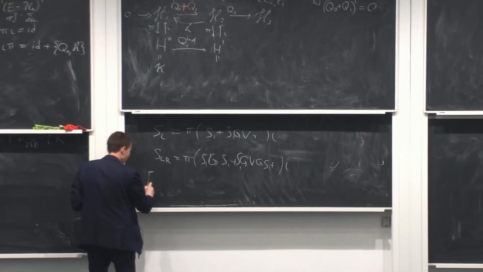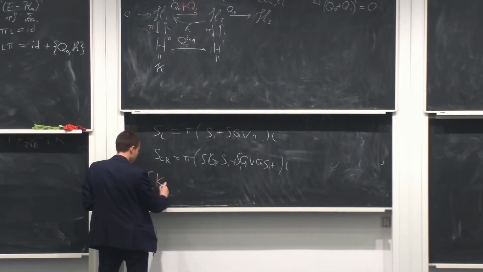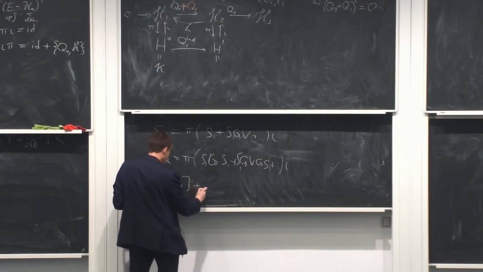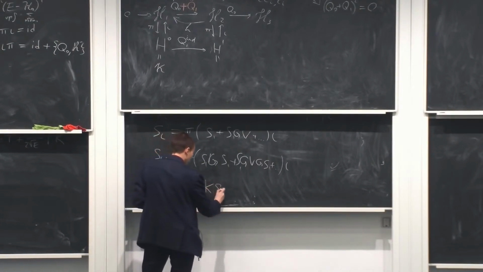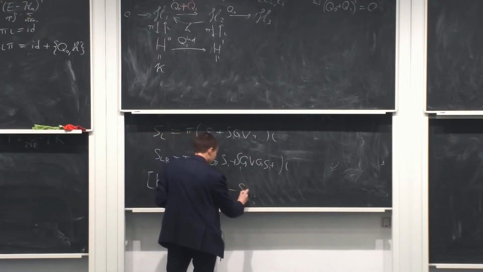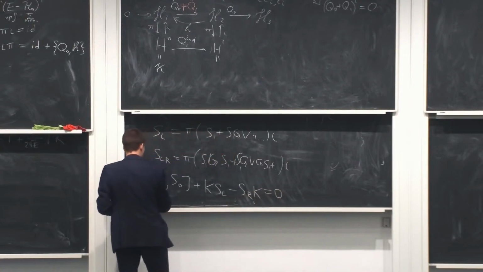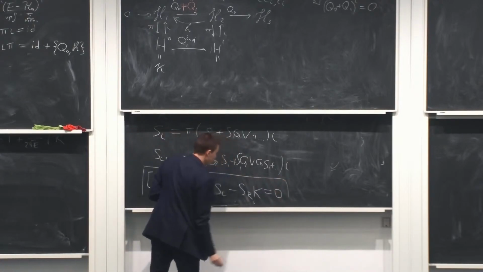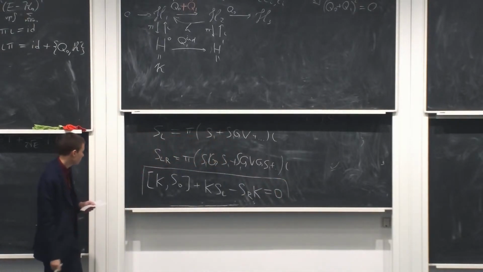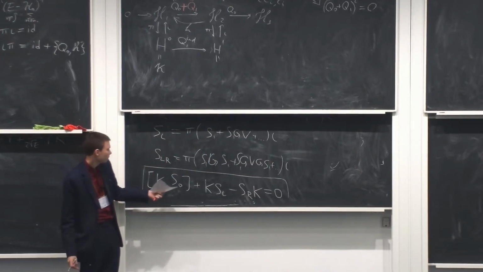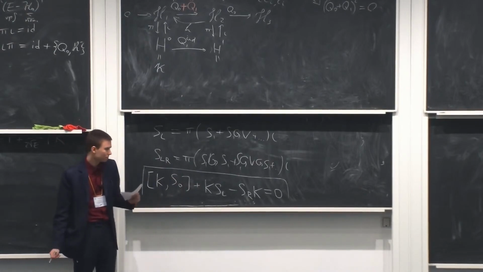If you square it and look at all the terms and require for them to cancel, you'll get something of this type. So this is a new relation that connects some well-known K matrix with these new symmetries.